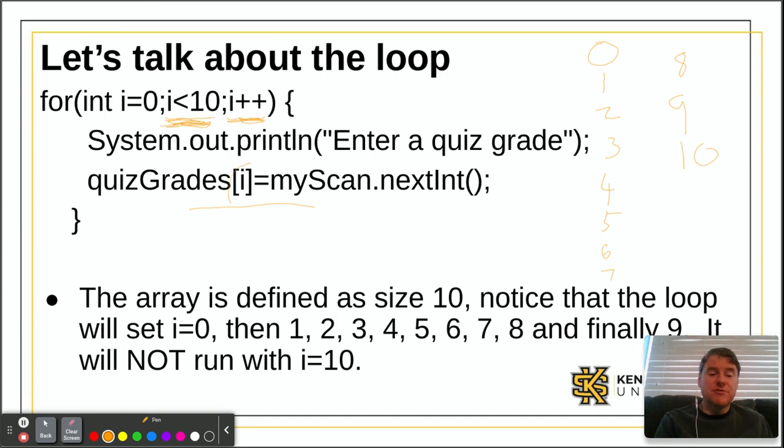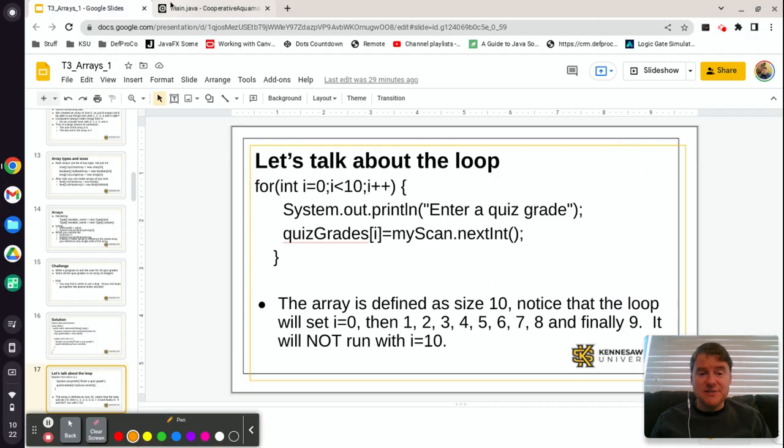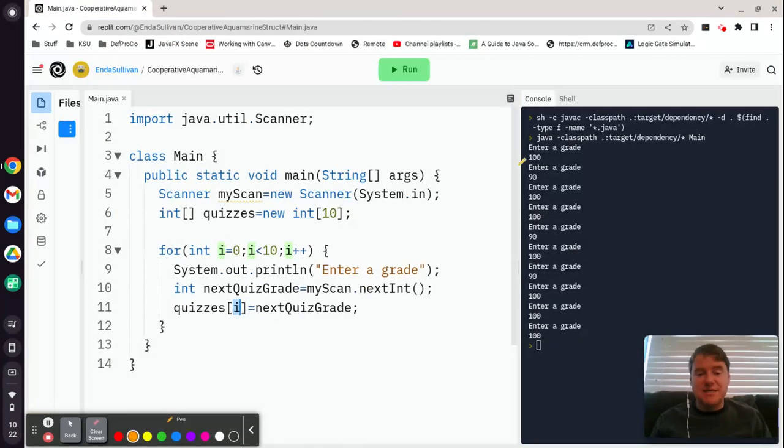So it will never try to access quiz grades at position 10, which is a good thing because there is no quiz grades at position 10. Despite the fact that quiz grades was designed to have 10 cells, there is no cell 10. And again, that's the confusing part. The array was created up to size 10. That's what I did when I defined the array right there.